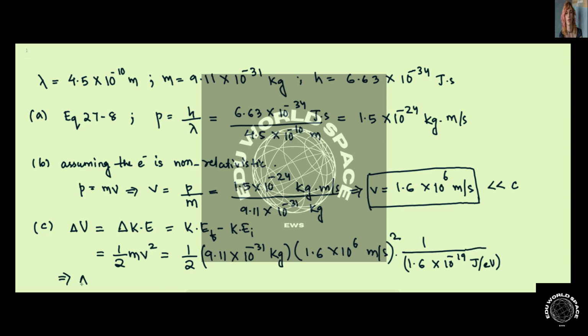And doing all that, we get the potential difference to be around 7.43 electron volt.